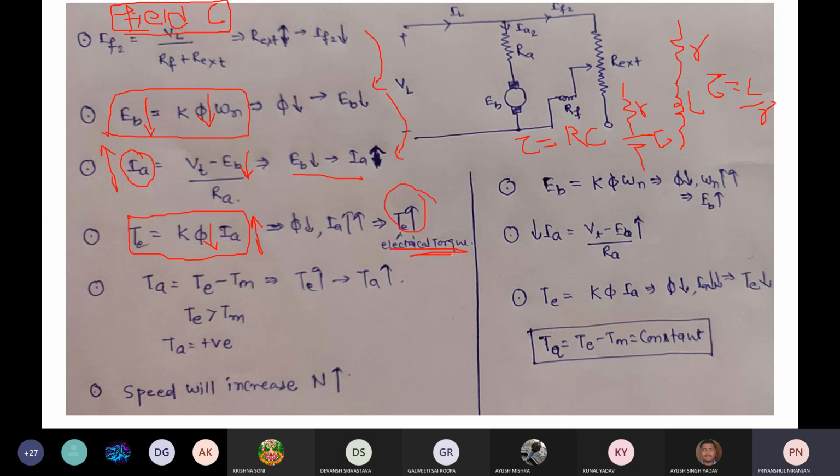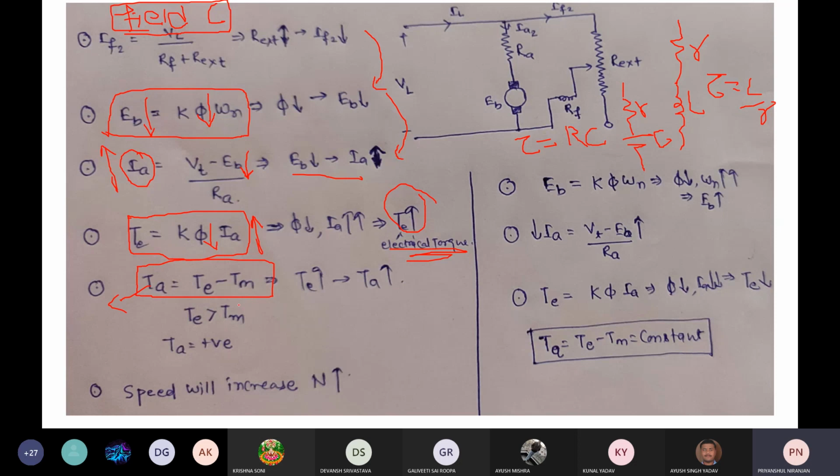This one is the electrical torque, because IA is the term in the equation. IA is the electrical quantity now, current. So that's why this is the electrical torque. This is the acceleration relation between the electrical torque and mechanical torque. The difference between both is called TA, acceleration torque.